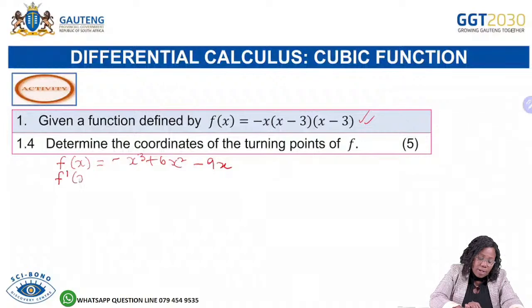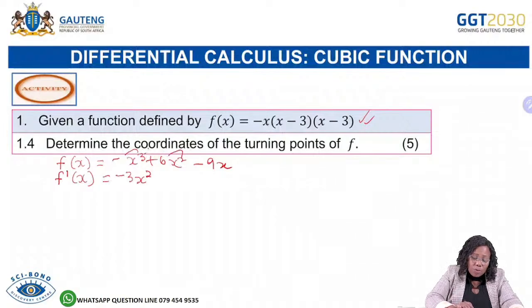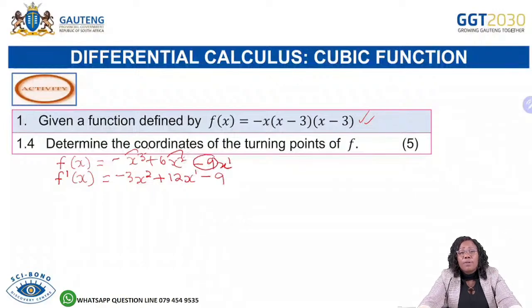We can now derive. This will be 3 times minus 1, minus 3x, subtract 1 to the power 2. 2 times 6, that is 12, subtract 1, x to the power 1. This is x to the power 1, we take only the coefficient as being the derivative. Then we have our derivative.